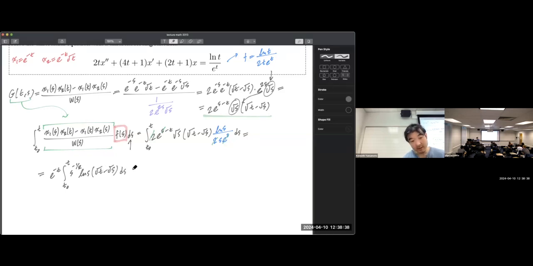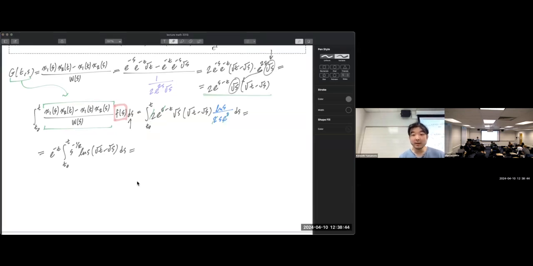And you can just take the integral of this. We could split this up. So this is e to the negative t. And then your first one is going to be, I'm going to pull out the square root of t. So you'll have t naught to t of s to the negative 1/2 times ln of s ds.